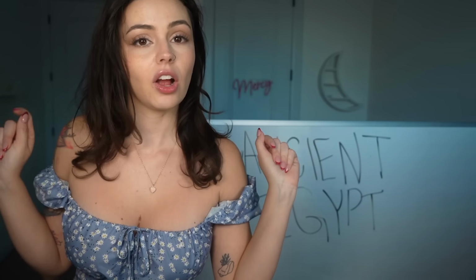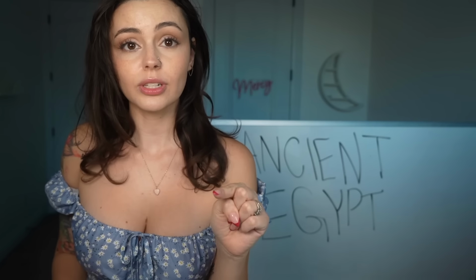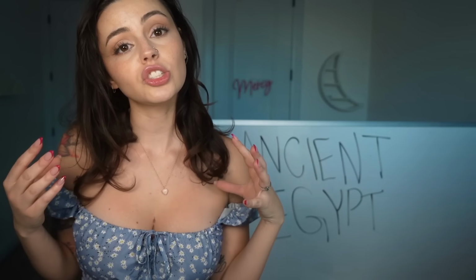And then we have the renowned, iconic Cleopatra VII. She was the last pharaoh of ancient Egypt, and she was actually not even Egyptian. She was Macedonian Greek, and she came into power because the Greeks kind of overtook Egypt, and she came into power that way.